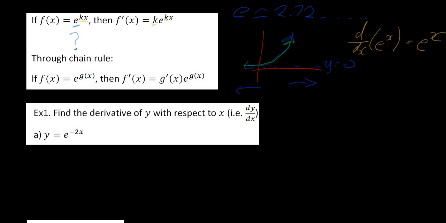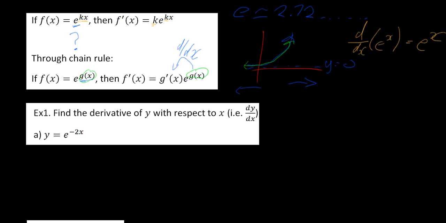But in the end, a more general definition of your exponential derivative is that if you have e to the power of some function g, then you take the derivative of g with respect to x, d dx of g, and put it at the front, and the e to the g stays the same.